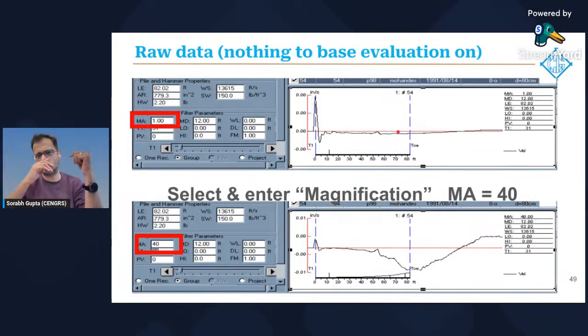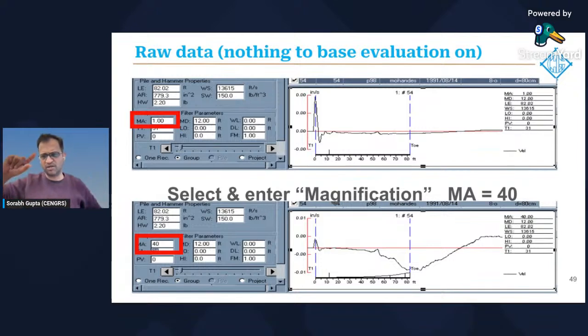This makes sense because when a wave travels down and comes back up, naturally there is some reduction in the strength of the signal. There is some de-amplification, or attenuation, of the signal as it travels down the pile. So this is obvious.